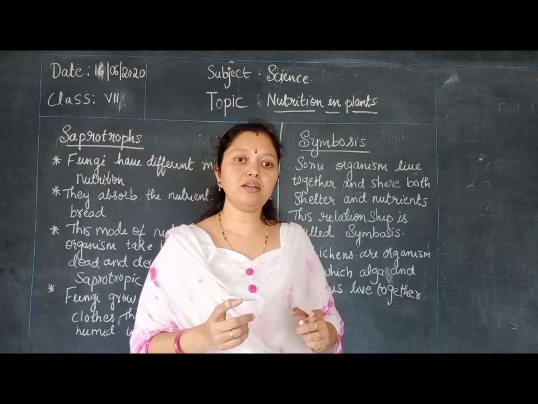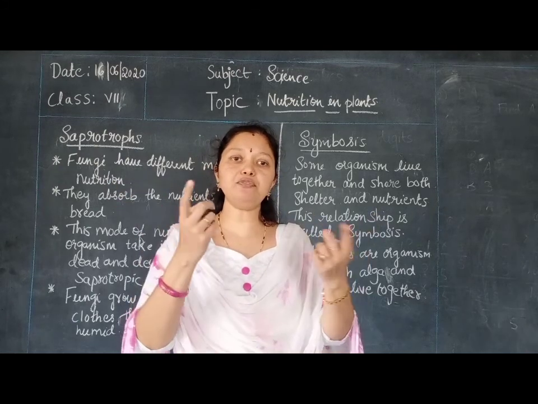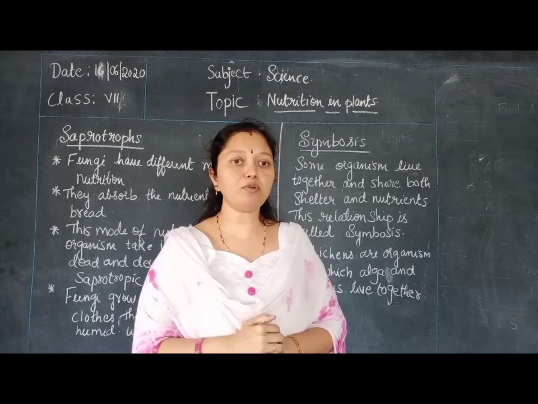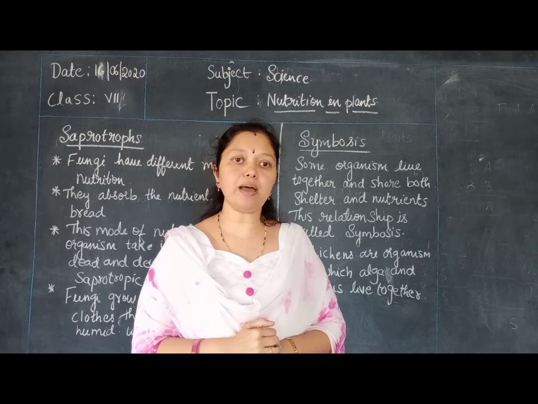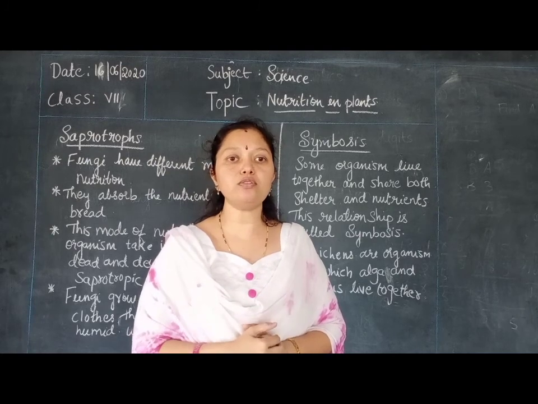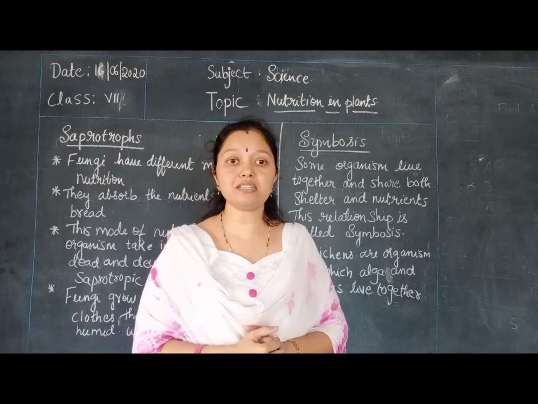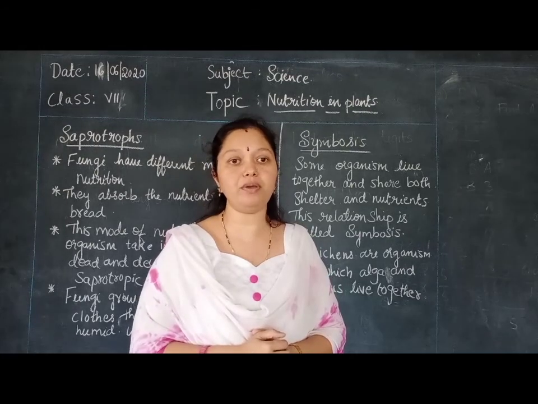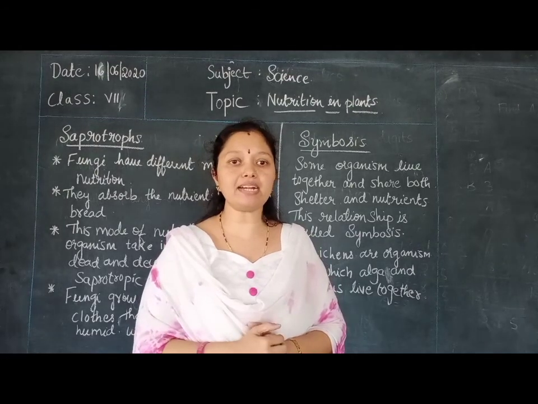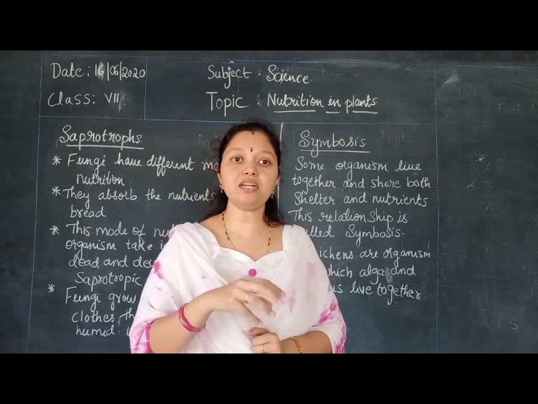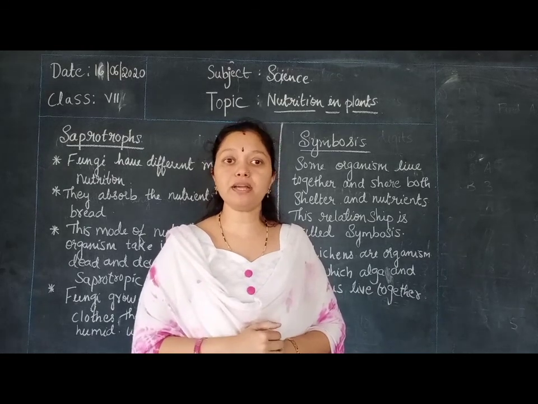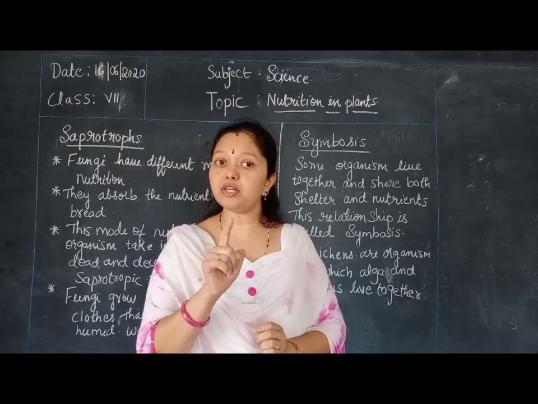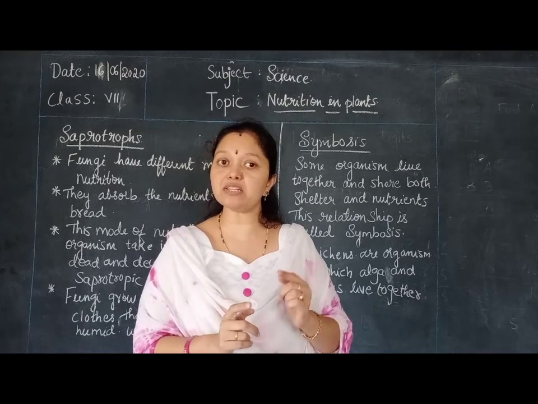Nitrogen is plentiful in the atmosphere, but plants cannot take it directly. At that time, near the root nodules of leguminous plants, a bacteria called Rhizobium is present. It cannot prepare its own food, so the plant provides the nutrients.